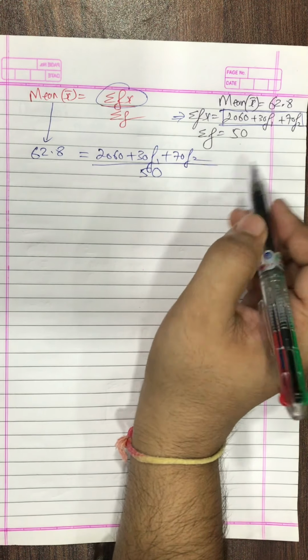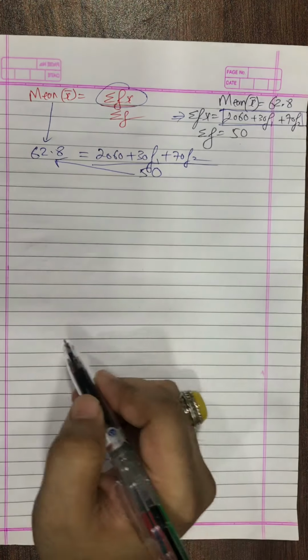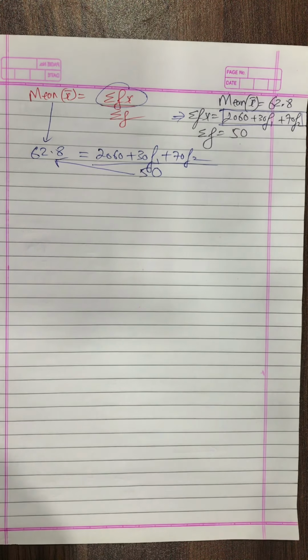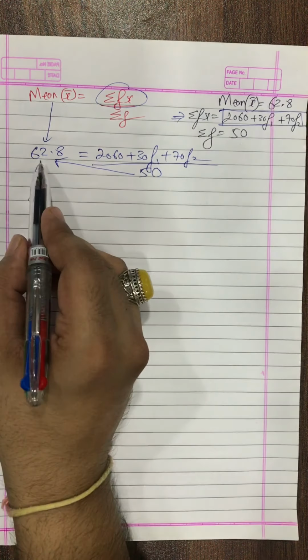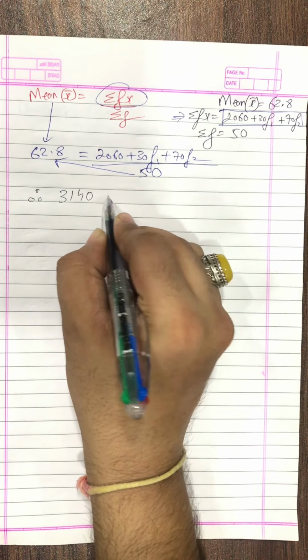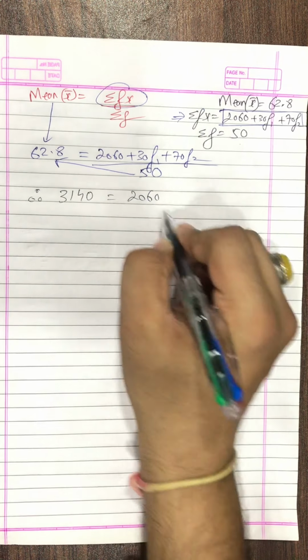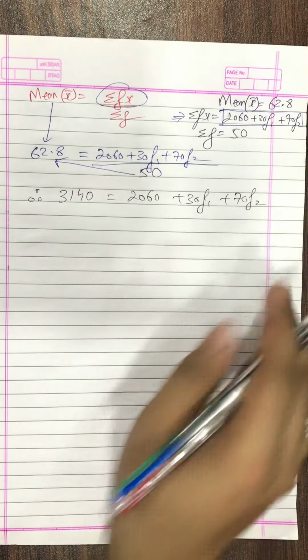Now the best way is I'll multiply this 50 with 62.8. Therefore, when 50 gets multiplied with 62.8, your answer will be 3140, is equal to 2060 as it is copied plus 30 f1 plus 70 f2 as it is copied.